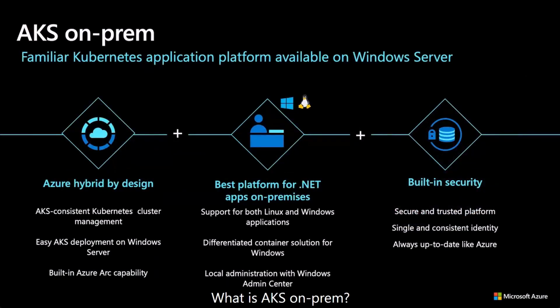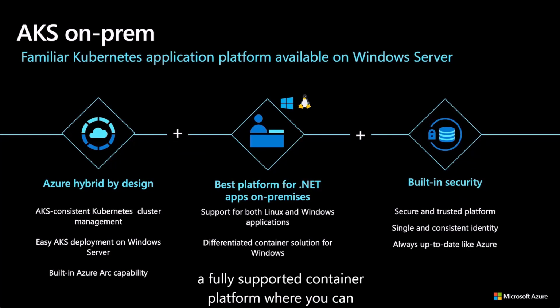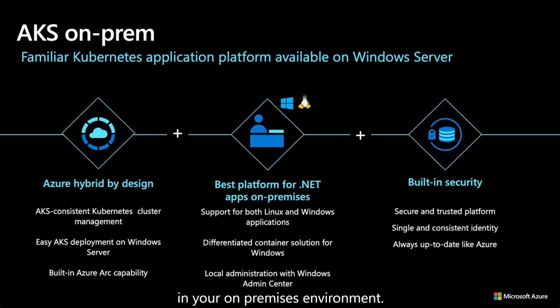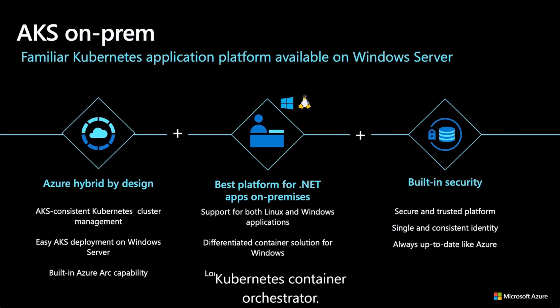So what is AKS on-prem? This is how basically AKS is a fully supported container platform where you can run your cloud native applications in your on-premises environments. It's based on the open source Kubernetes container orchestrator.